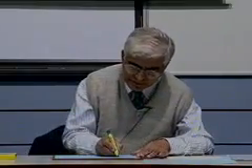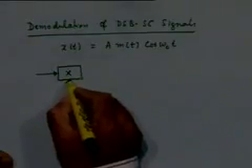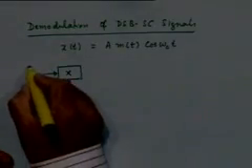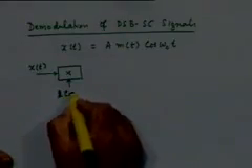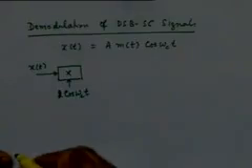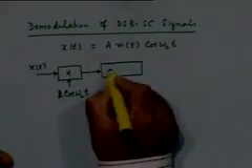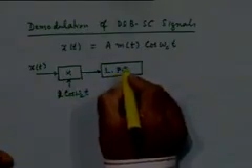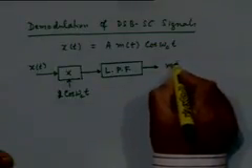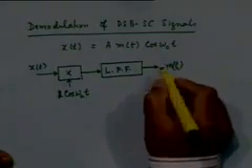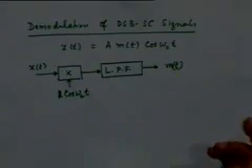Therefore, the demodulator will have the same multiplier that we had at the transmitter, which will multiply the received signal with the carrier 2 cosine omega_c t, followed by a low pass filter. And hopefully this should be a replica of the message signal m of t, maybe with a scaling constant, etc.